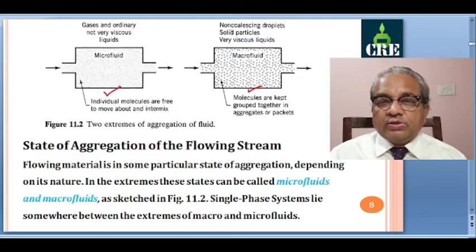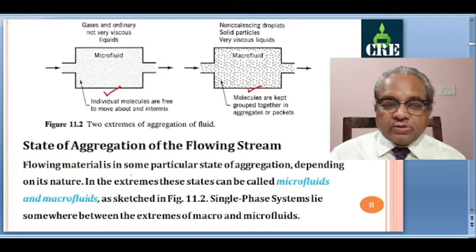For non-coalescing droplets, solid particles and highly viscous fluids, there is a tendency of molecules coming together or grouped together in aggregates or packets. They form the groups and then move in the groups. Flowing material is in some particular state of aggregation depending on its nature, that means whether it is viscous or non-viscous.